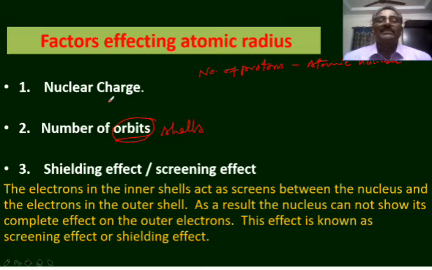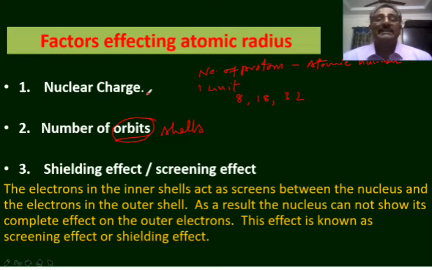When we move from left to right in the periodic table, the variation of atomic number or nuclear charge from one element to the other element is 1 unit only. Whereas in the group, the change in the atomic number is either 8 units or 18 units or 32 units when we move from one element to the other element in the group.